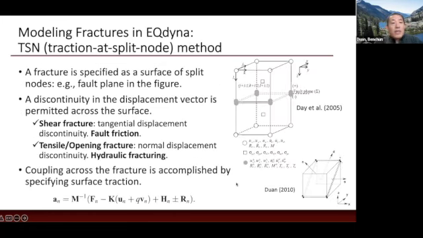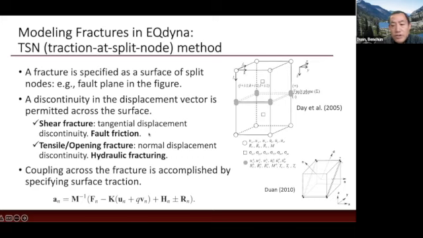Okay, we try to simulate dynamic rupture propagation. We need to characterize the fault in the mesh, so we use the traction-at-split-node method. Many of us use this. Basically, we define the fault as a surface of split nodes, and we allow discontinuity in the displacement vector between split nodes.